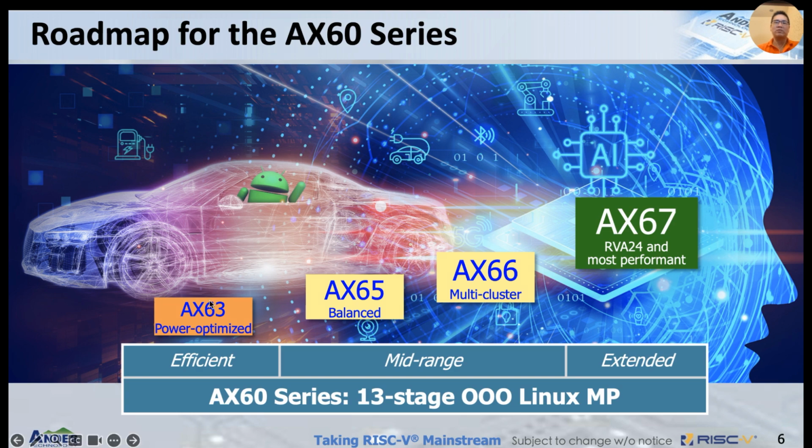And based on the market and customer feedback, we can also develop a power and area optimized version. We call it AX63. So this family of processors is targeting to support Android as an application processor solution.